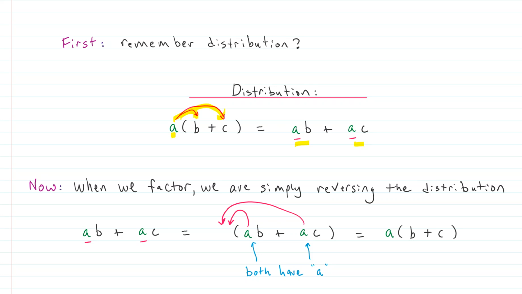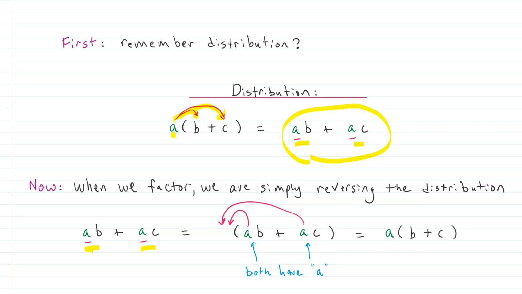Well, factoring is just the reversal of that process. So you start out with the A everywhere, right? With the A times the B and the A times the C. And you notice, hey, wait a second. Every one of these terms has an A. So it kind of looks like the ending of a distribution process.